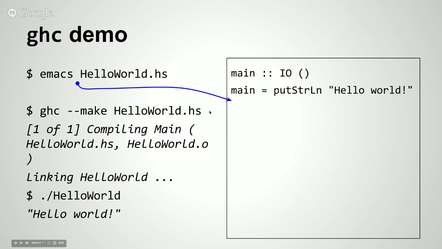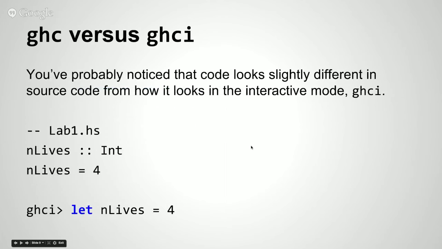So yeah, I demoed GHC, but this is just a reminder slide. You've probably noticed that the code looks different in source code from how it looks in the interactive mode. In the interactive mode, you preface everything with let, and in source code, you often don't.